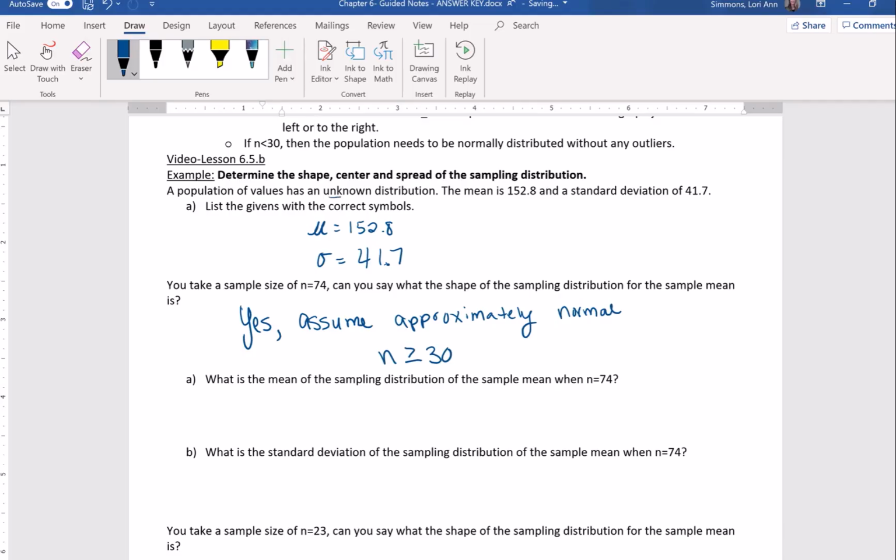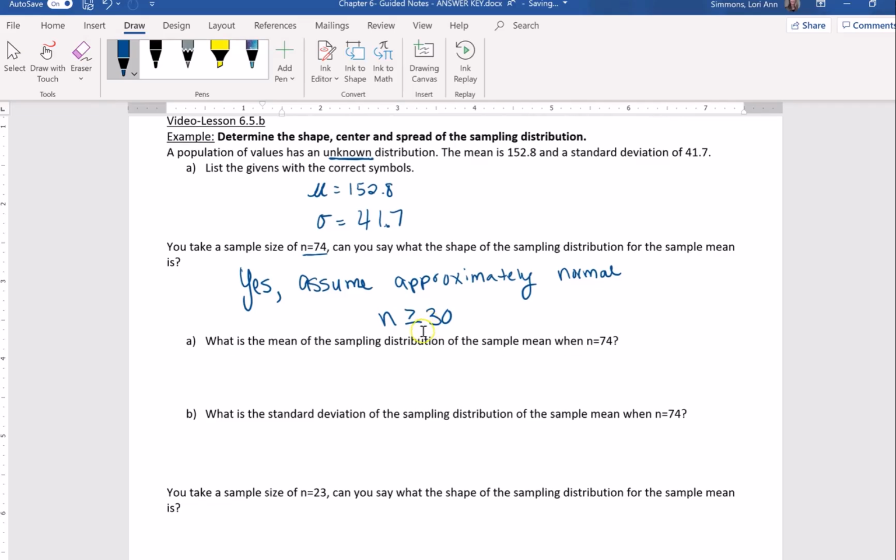We don't know the distribution. Now if it said normally distributed and this was any value, it would not matter because it was stated it was normally distributed. So just keep that in mind.